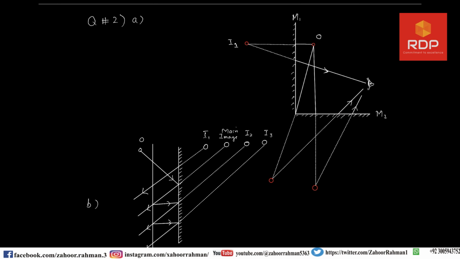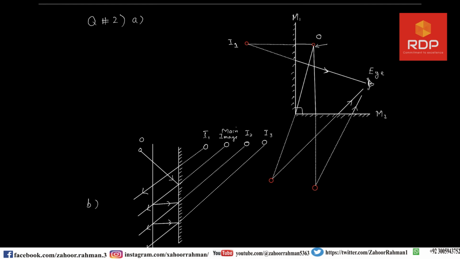There are two plane mirrors arranged at 90 degrees, and you can see that they are at 90 degrees to each other. State how many images can be formed and show them by means of ray formation. So the eye is here, this is the eye, and this is the object which is the red one.